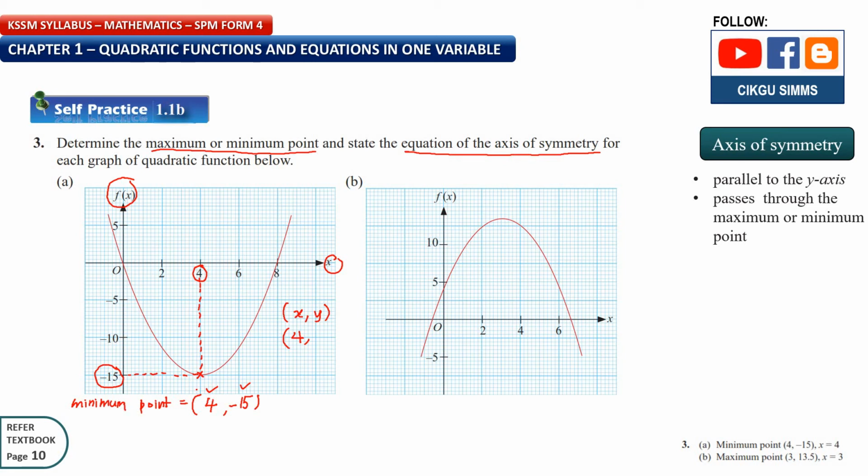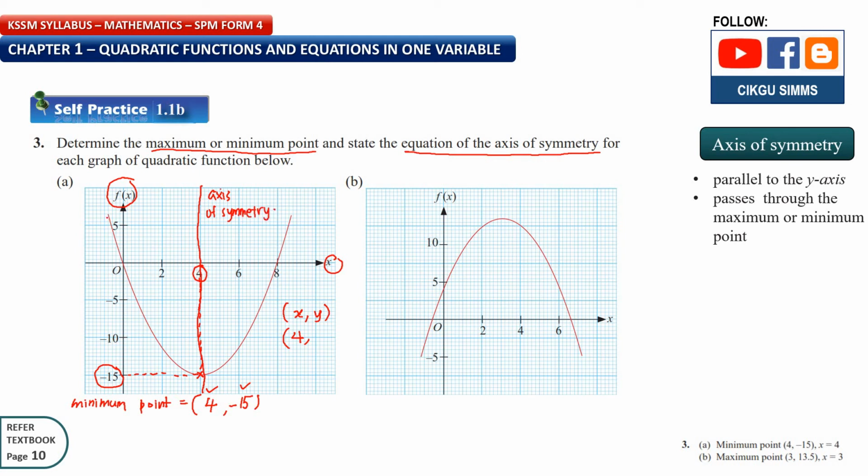And then you need to find the equation of the axis of symmetry. Remember that the axis of symmetry always passes through the minimum or maximum point. So it passes through like this. This will be the axis of symmetry, a straight line.